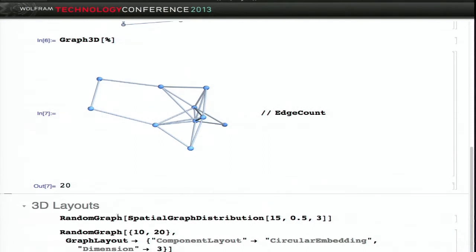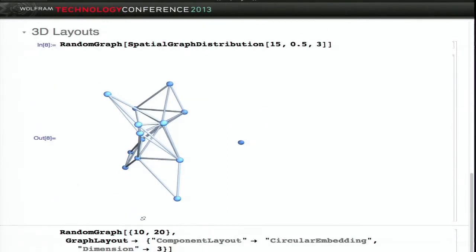Having a 3D graph also means we need to extend all the layouts to 3D. So we went through all the layouts we have, from spring electrical to circular embedding, and extended them to 3D. Actually, most of them to high dimensions, which unfortunately we cannot visualize, or not yet.